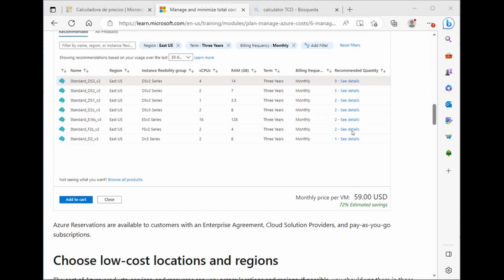Azure reservations are available to customers with an enterprise agreement, cloud solution provider, and pay-as-you-go subscription.